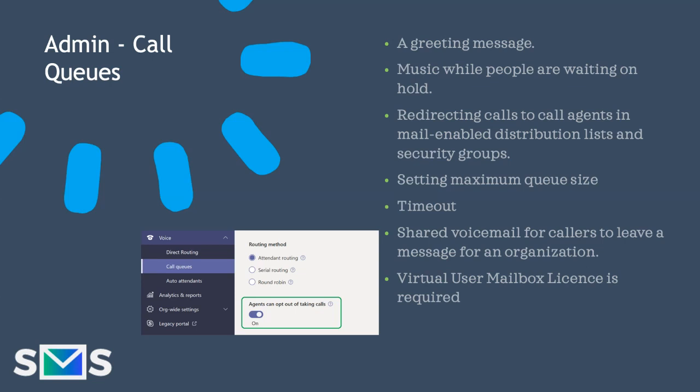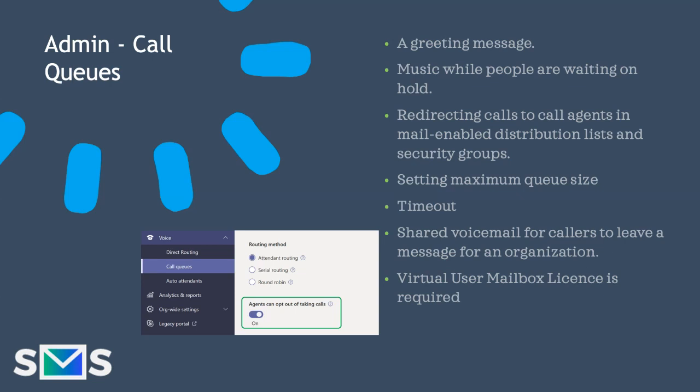You can create a call queue that says, I want these 7 people, I want the phone to ring those 7 people when we ring our main number, and you can then choose how you want that call to ring. You can have it ring one person, then the next, and so on, or all at the same time, or the person that hasn't had a call the longest.